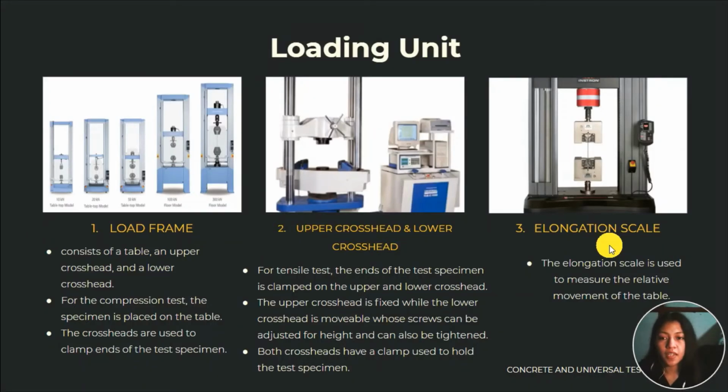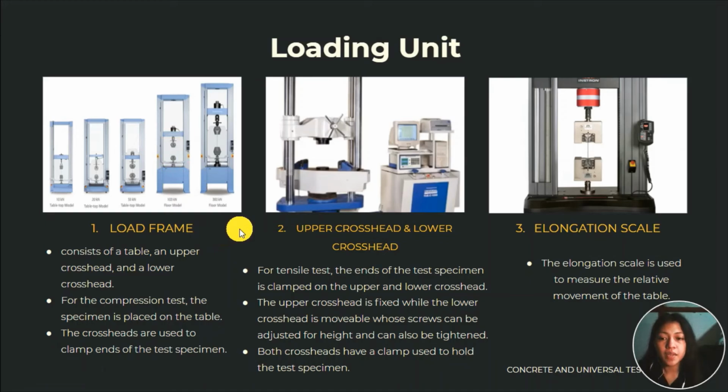So, here we go to the load frame. The load frame consists of a table, an upper crosshead, and a lower crosshead. From this picture, we can see this is the load frame. Then, here is the upper crosshead, the lower crosshead, and this is our table.